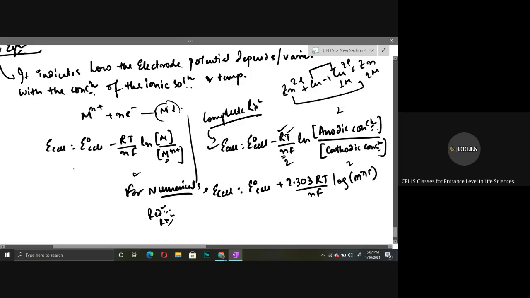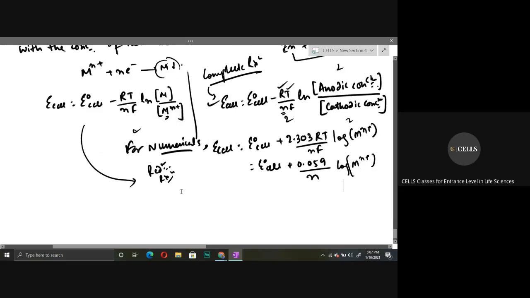Now remember this, if you give all the values, 2.303 RT by nF will give you the value 0.059 by n, log of Mn+.